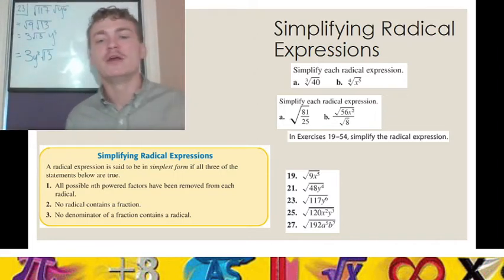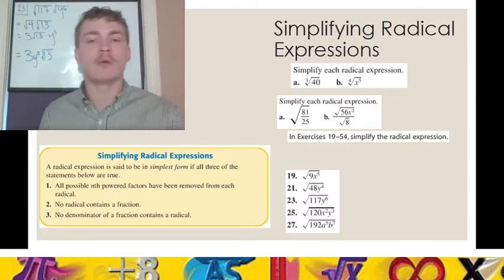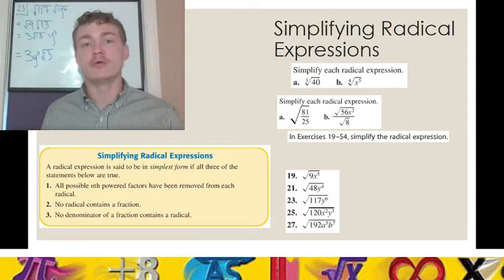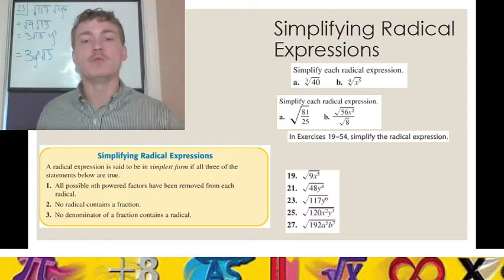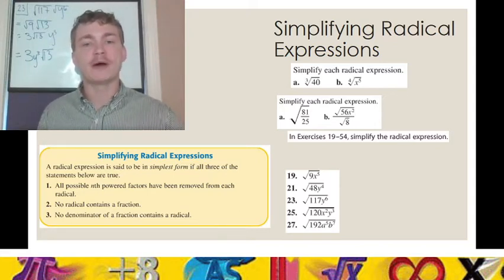Same concept, right? For 25, our radicand is 120 multiplied by x squared multiplied by y cubed. So for each of those factors, using the product rule, we will take each of those factors and place them under their own radical sign. For number 27, 192 is multiplying a to the 5th power, which is multiplying b to the 7th power.